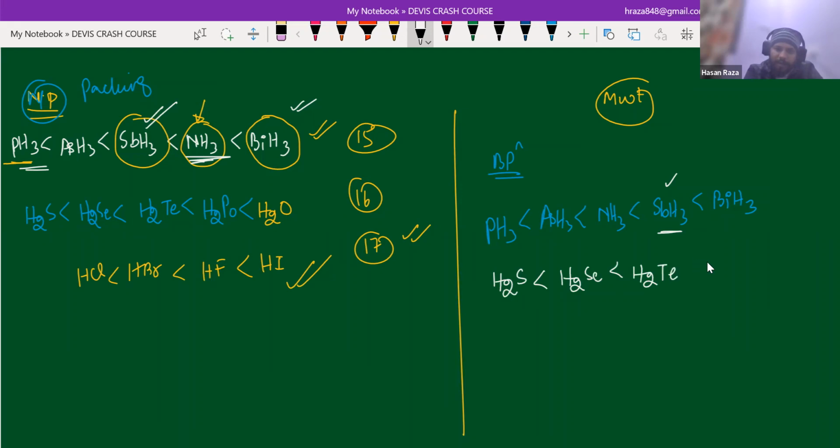For group 16, it is H2S, then H2Se, selenium, then H2Te, tellurium, then polonium, and then H2O, the highest in boiling point, because the hydrogen bonding present in water is tetrahedral.